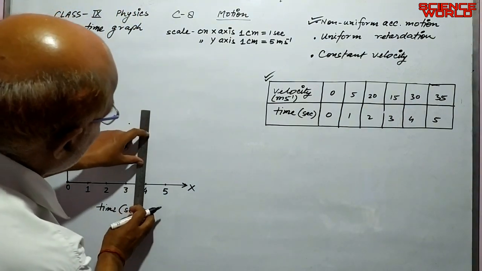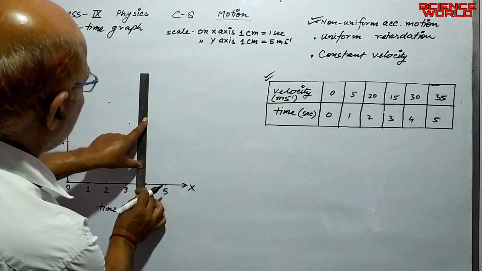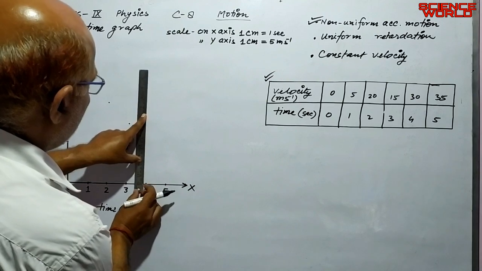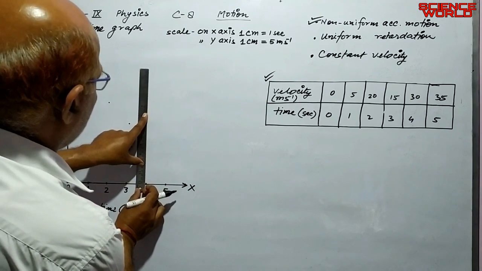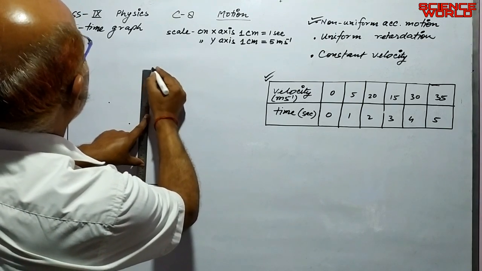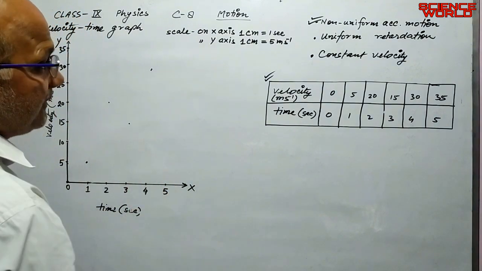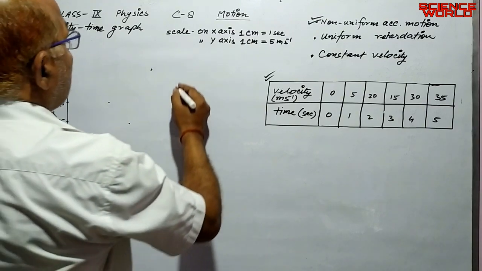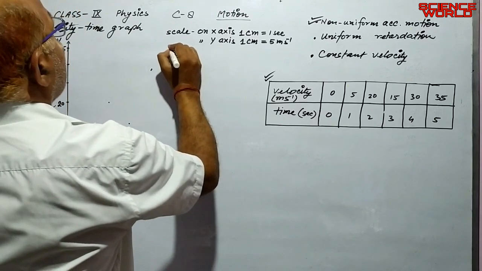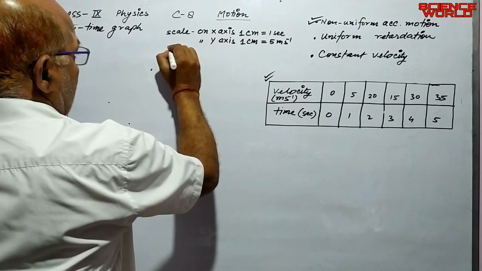So, we will put a point here and in 5 second the velocity is 35 meter per second.